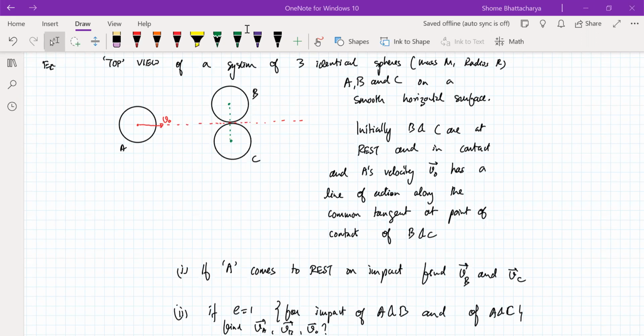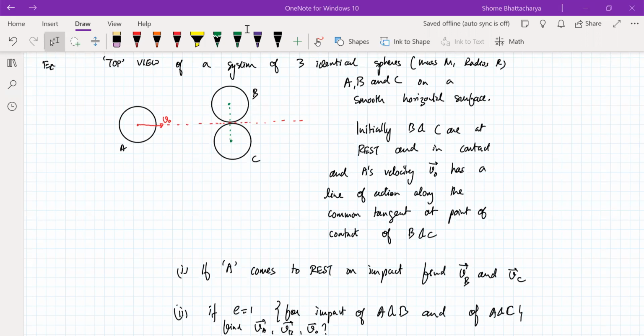So the hint to you is that there is some information that you're getting from geometry. As the three spheres come in contact, it's very easy to work out the center to center lines and therefore understand the angles along which the impulses act. And then there is momentum conservation. That will be sufficient, because you are given the information that A comes to rest.